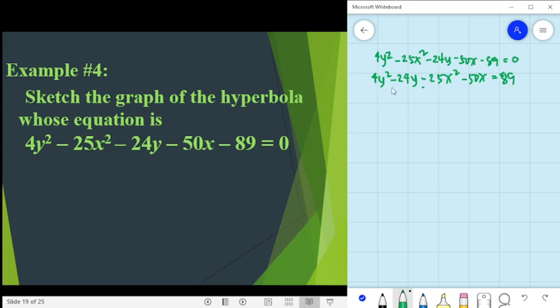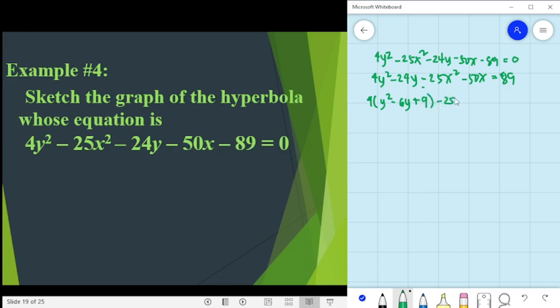So factoring the common factor, we have 4 quantity y squared minus 6y, because negative 24 divided by 4 is negative 6y, plus dividing negative 6 by 2, we have negative 3, and the square of negative 3 is 9.